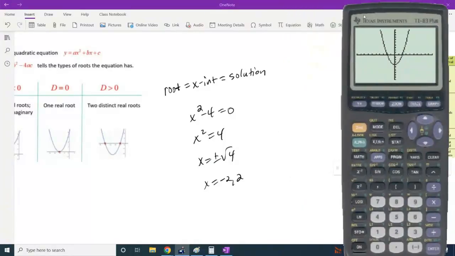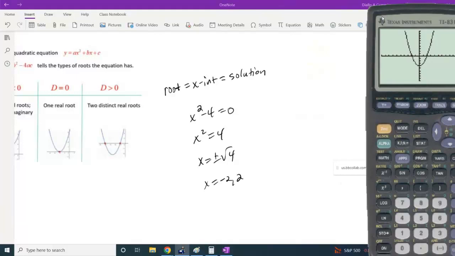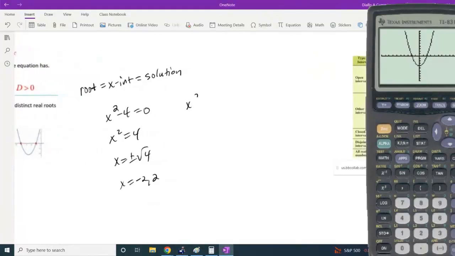Here's what an imaginary root is. Let's say I have x squared plus 4 equals 0. And then let's say we were using the square root property, so we have x squared is equal to negative 4. I'm going to take the square root of both sides. X is equal to plus or minus the square root of negative 4. X is going to equal plus or minus 2i.